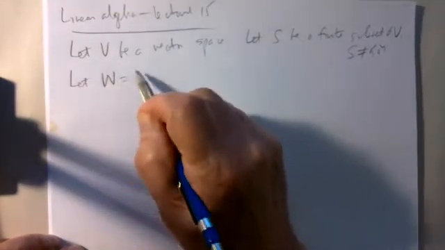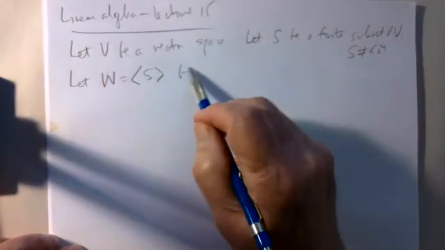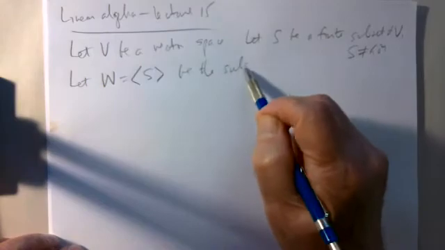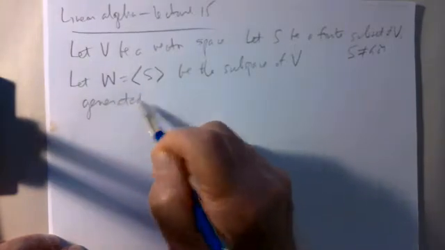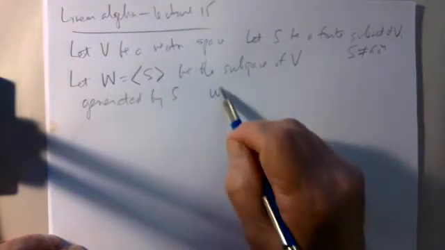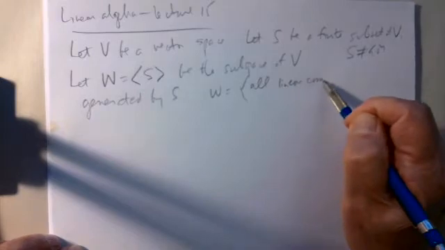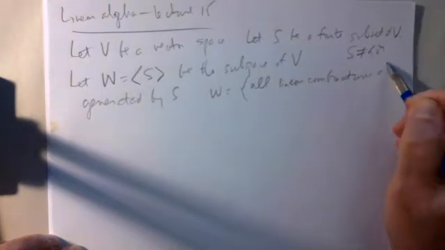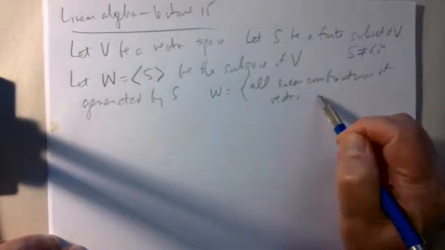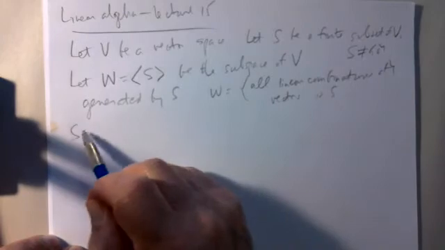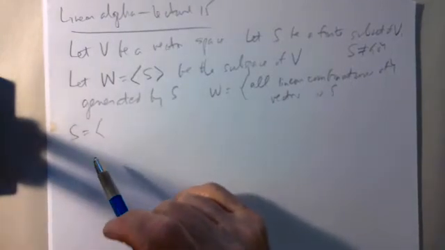And suppose we let W, which I sometimes write as S in brackets, be the vector subspace of V generated by S. That means W is the set of all linear combinations of vectors in S. So if S, for example, consisted of a finite set of vectors, what was the way that I wrote it down?